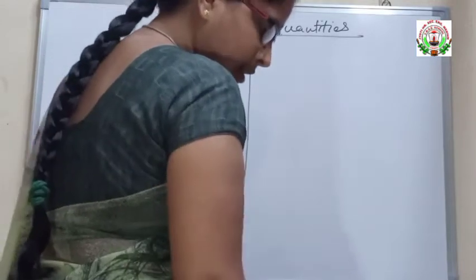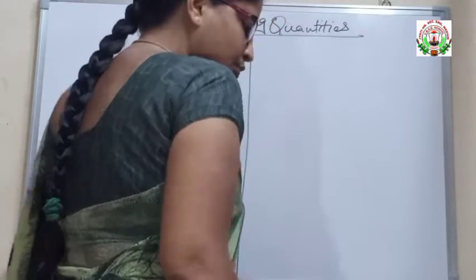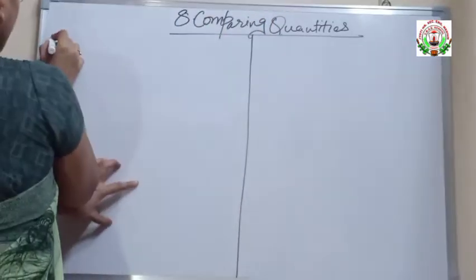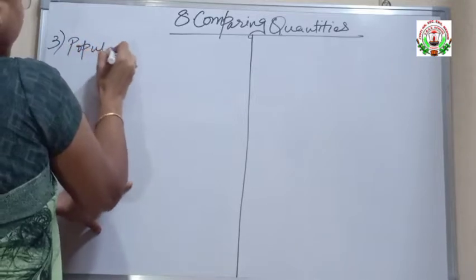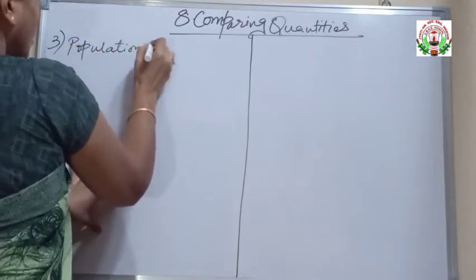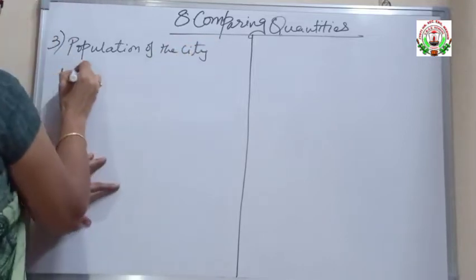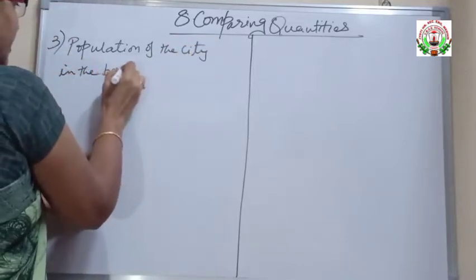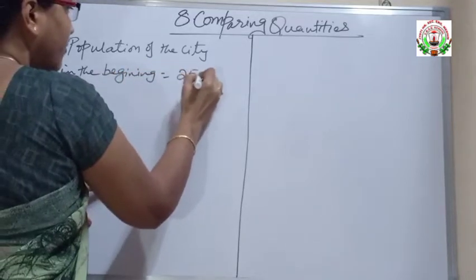Third question is the population of a city decreased from. So population of the city in the beginning is equals to 25,000.